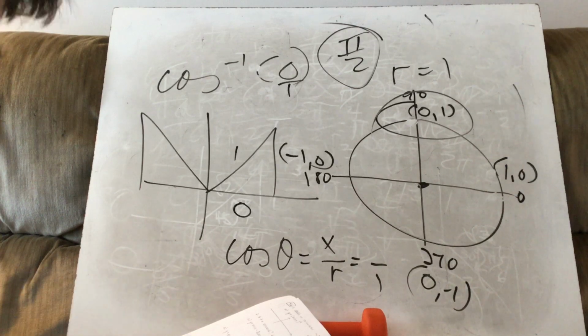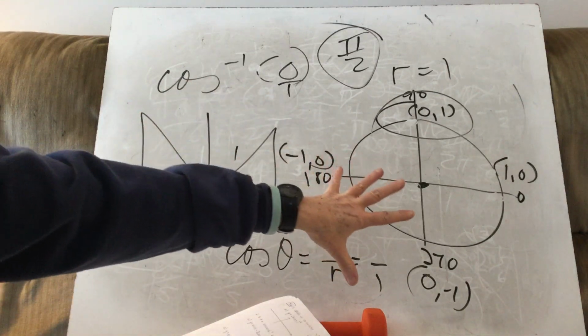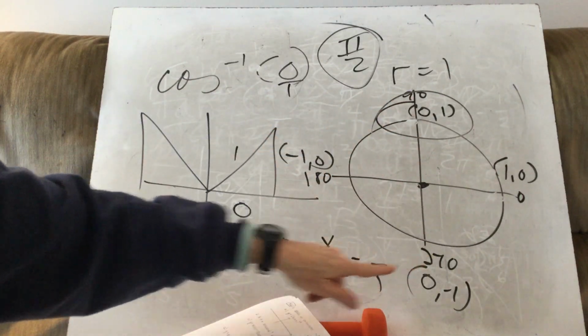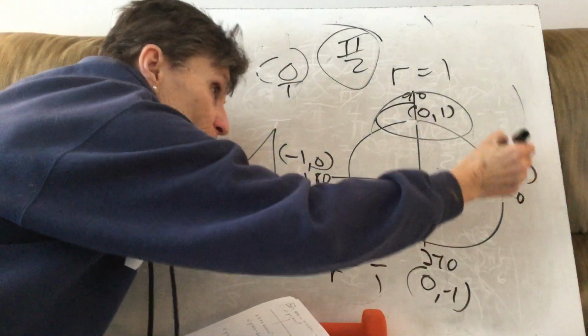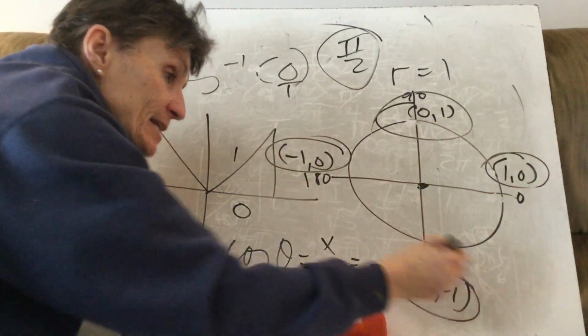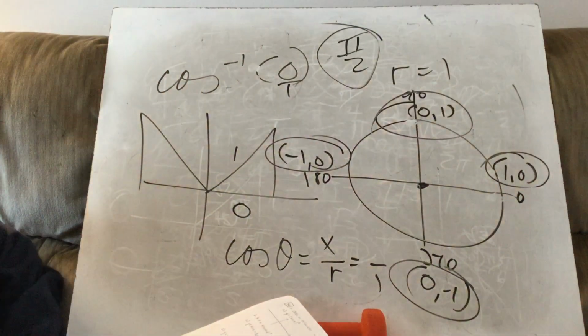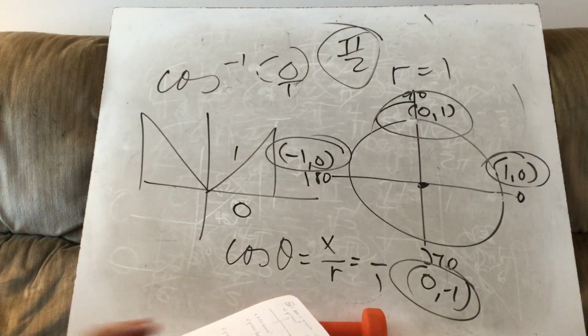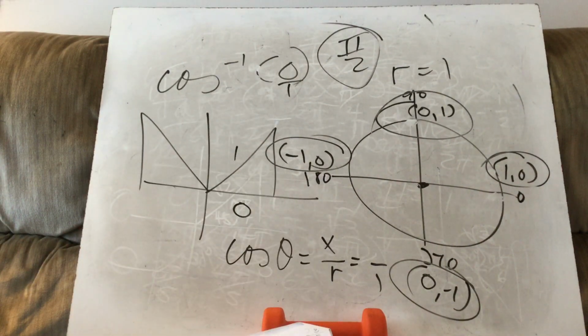When zeros are involved, you can't draw a triangle. So when zeros are involved, you have to look at the circle, and you have to look particularly at these points because they have zeros in them. And then you have to find the one that has the 0 in the right spot.